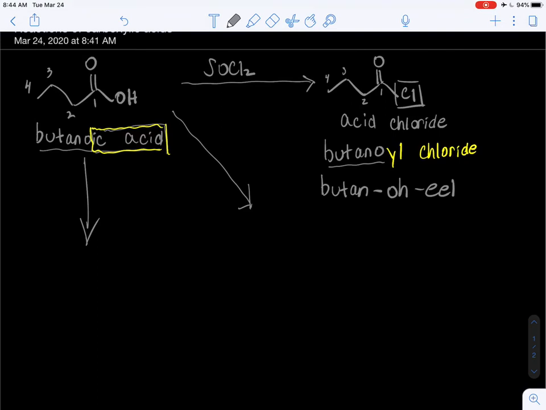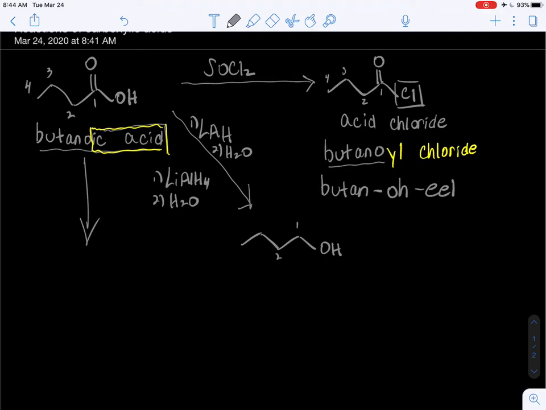Now, another thing that you can do with the carboxylic acids is treat them with lithium aluminum hydride, okay? In some textbooks, this is written LiAlH4, step 1, and step 2, water, okay? So if we do that, we keep the same number of carbons and we convert the carboxylic acid into a primary alcohol.